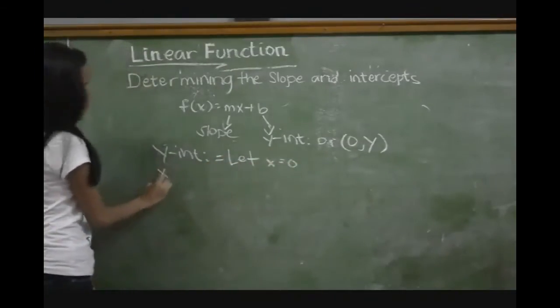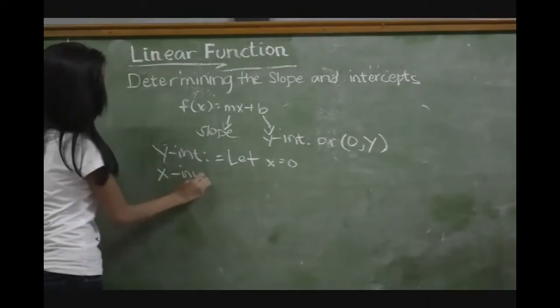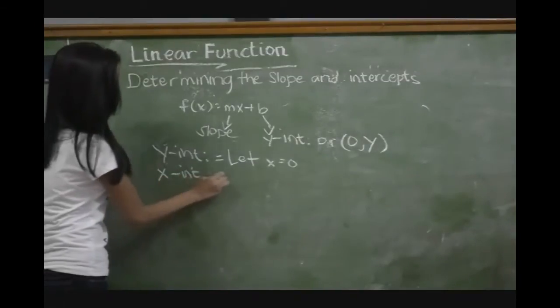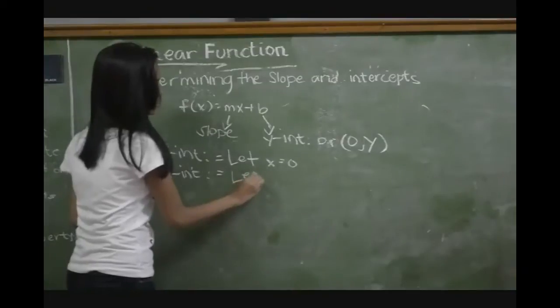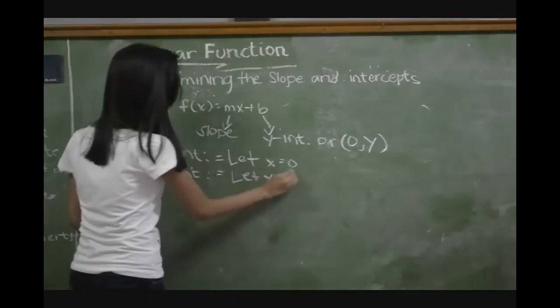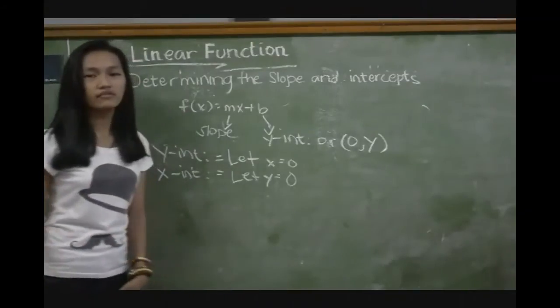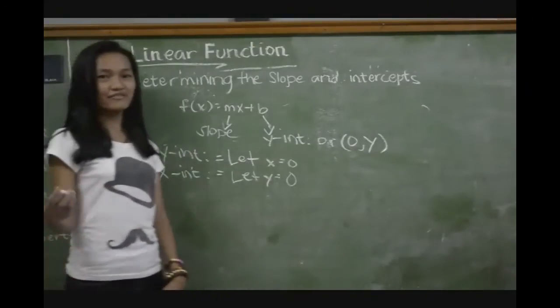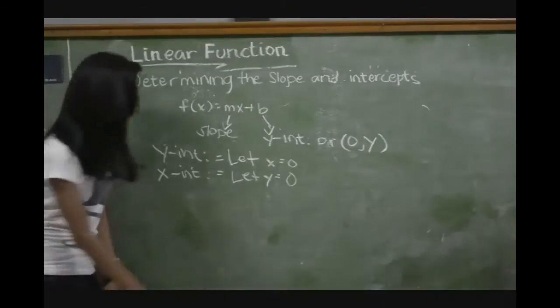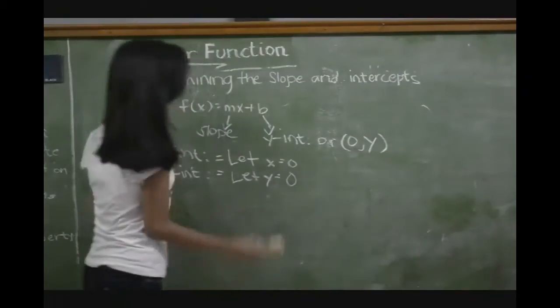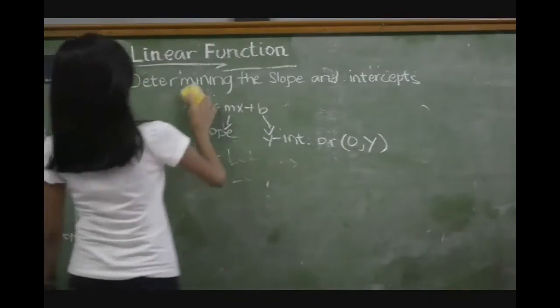And to find the x-intercept, let y be equal to 0. If the slope is positive, the graph of it is increasing. And if the slope is negative, the graph is decreasing. Let me give you an example.